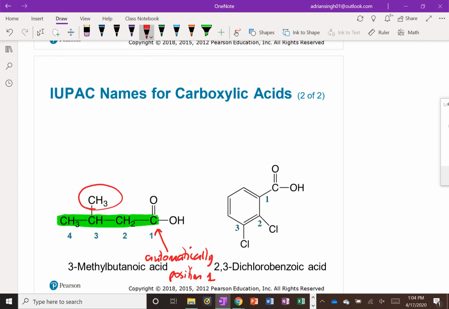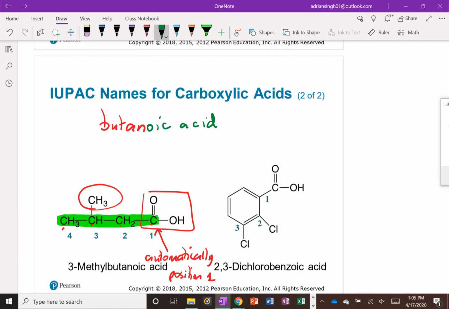So for instance, here we see that we have a 1, 2, 3, 4 carbon carboxylic acid. All right, so that would make it a butane if it were a 4-carbon alkane. We drop the E, we replace it with oic acid, so it becomes butanoic acid. All right, and then the numbering is locked in place because the carbon of the carboxylic acid is number 1.